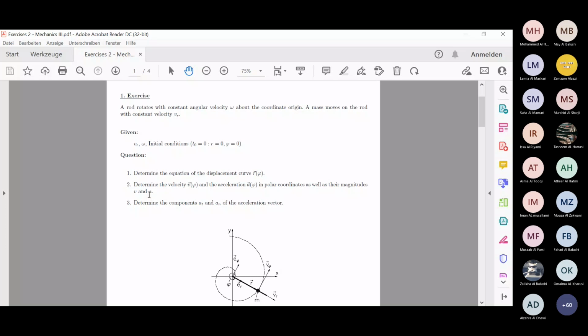That means we have to look for the vector of the velocity as well as for the acceleration and their magnitudes, and determine the tangential and the normal components of the acceleration vector.